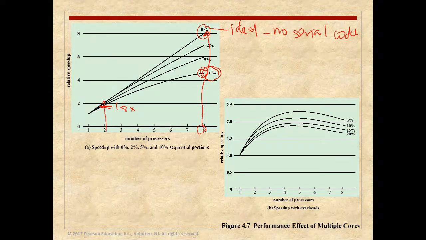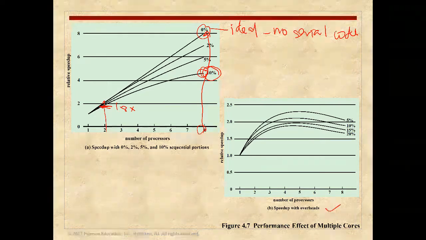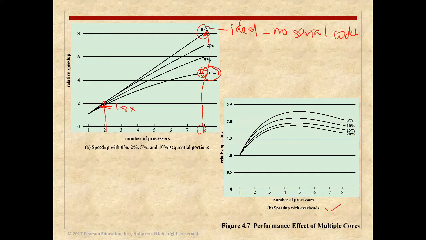In this diagram, what it shows is that sometimes a program incurs overhead, which is the result of communication or task distribution between processors, or from one processor to another, or for synchronization.